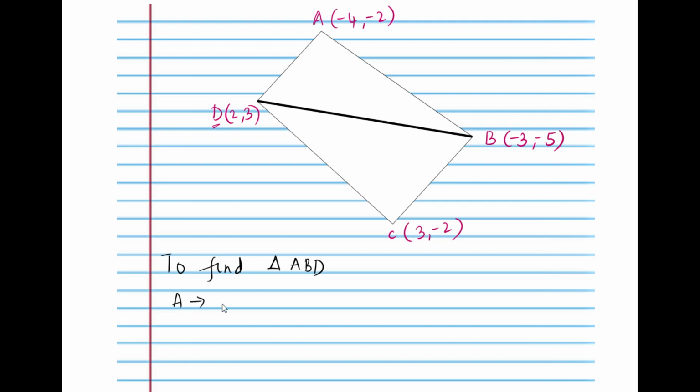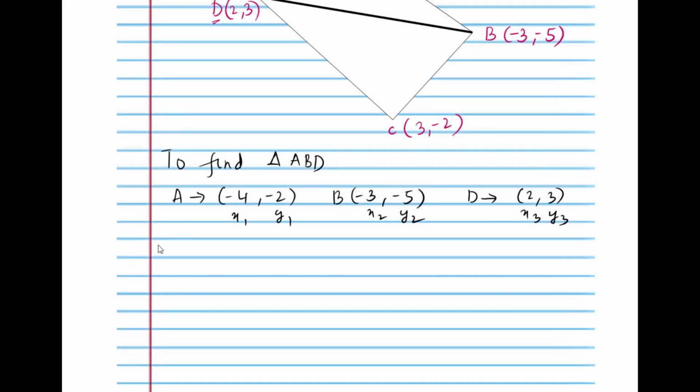What is point A? Point A is (-4, -2). Point B is (-3, -5), and point D is what? (2, 3). Consider them as (x1, y1), (x2, y2), and (x3, y3).